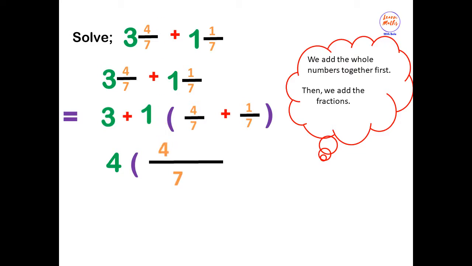Then we add the numerators together, and that is 4 5/7. So very straightforward and easy to solve. Just separate your whole numbers and your fractions. Once you do that, you can easily solve the question.